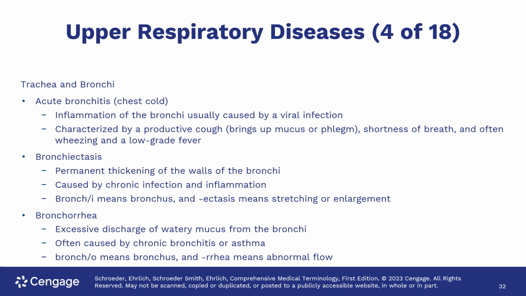There is acute, which means sudden, which is like a chest cold. Bronchiectasis is caused by chronic infection or inflammation, like with COPD, that causes permanent damage to the walls of the bronchi. Bronchorrhea is what? Rhea is excessive abnormal flow, so excessive abnormal flow of mucus from the bronchi.